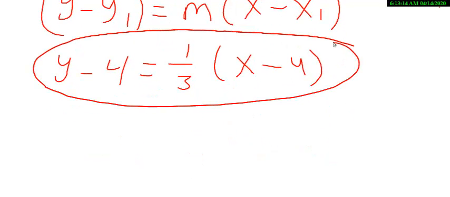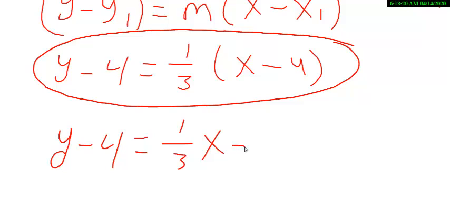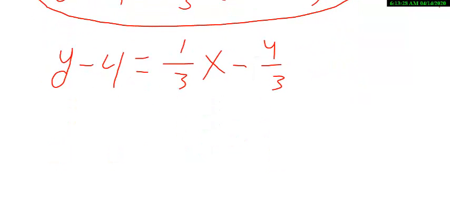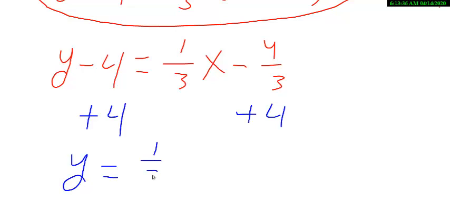To simplify it, I'm going to write y minus 4 equals 1 over 3x minus 4 over 3. I'm going to add 4 to both sides, left and right, to simplify the expression. So y equals 1 over 3x, and then I have to add negative 4 over 3 plus 4.